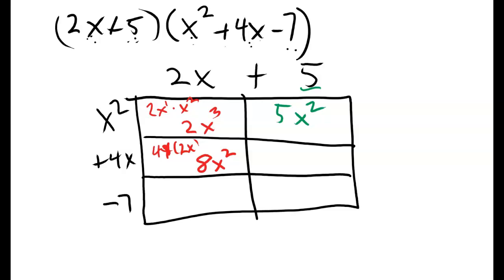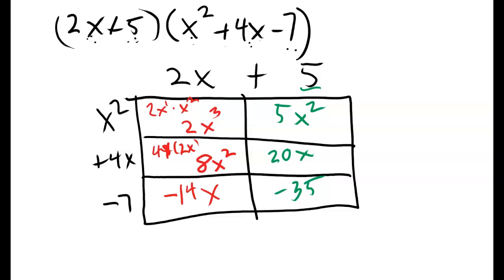Then when I move over here, the 5 is above. 5 times 4 is 20, so I get 20x. 5 times 4x will be 20x. 2x times negative 7. When I move back down here, negative 7 times 2 is negative 14. A positive times a negative is a negative. Negative 14x. And then over here on the right column, I get 5 times negative 7, I get negative 35.